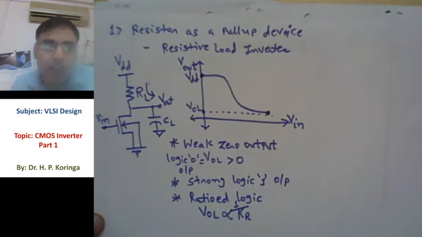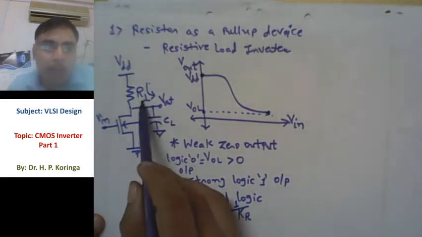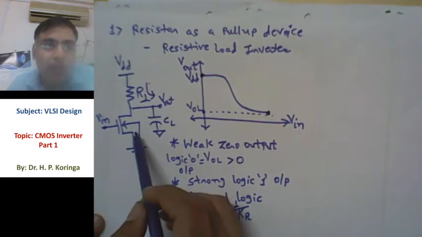So the specification parameter depends on the transconductance ratio. What is the transconductance? Here it depends on the RL and on the W upon L of the driver MOSFET, right?